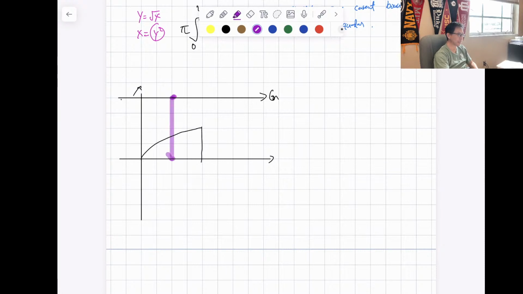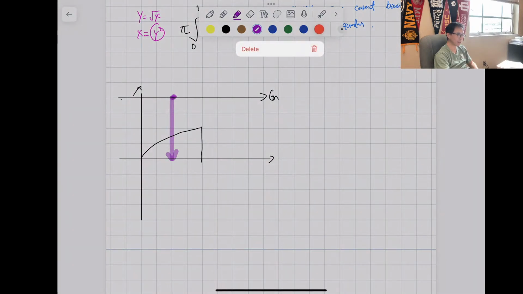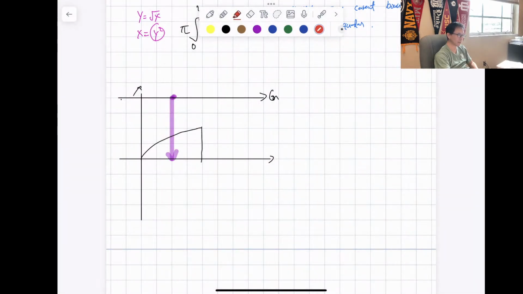Now there is an outer bound and an inner bound. So when you draw this, you know this is dx, because it's a vertical slice.